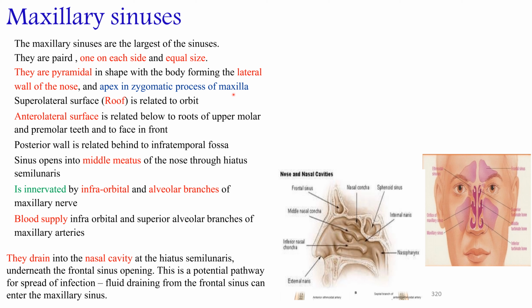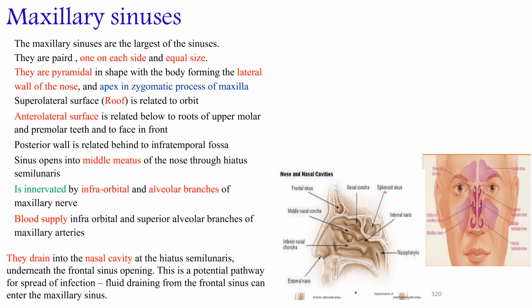Superiorly it is related to the orbit, and below to the roots of the upper molars and premolars. The innervation is by the infraorbital and alveolar branches of the maxillary nerve. The blood supply is by the infraorbital and superior alveolar branches of the maxillary artery.